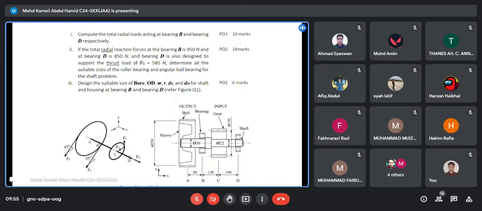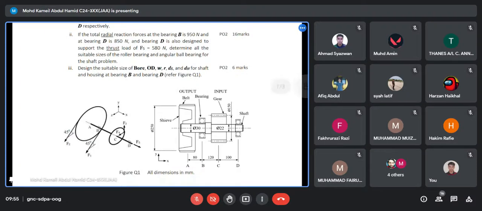Design the suitable size of bore, OD, WRDS and DH for shaft and housing at bearing B and bearing D. Okay, so this is another good question. If you can answer this well, insyaAllah you should be good for the test on Tuesday.